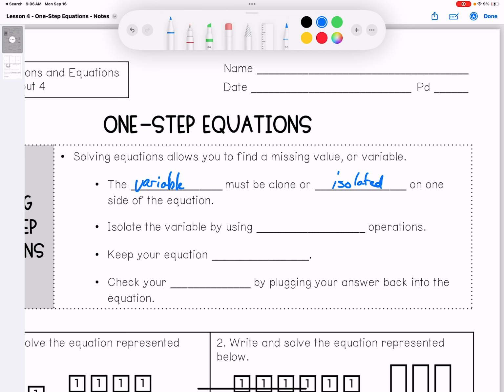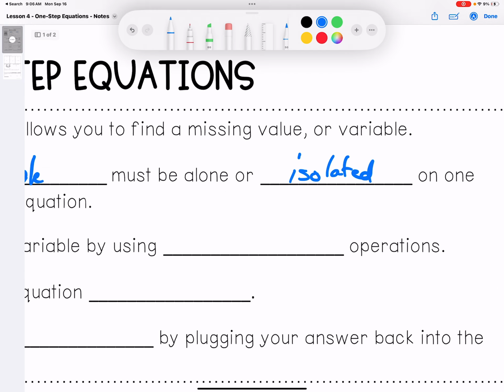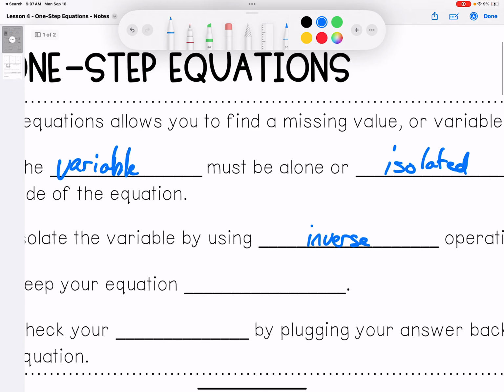Isolate the variables by using the inverse operations. You're going to keep your equation balanced. So whatever you do to one side, you do to the other. And we'll write that out here.